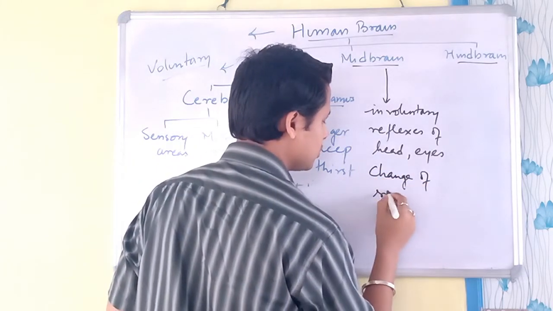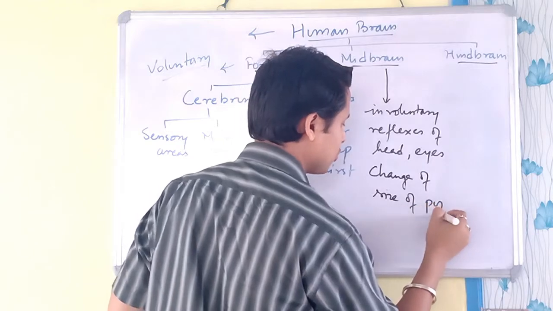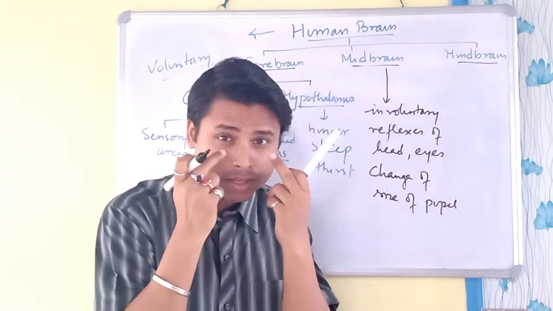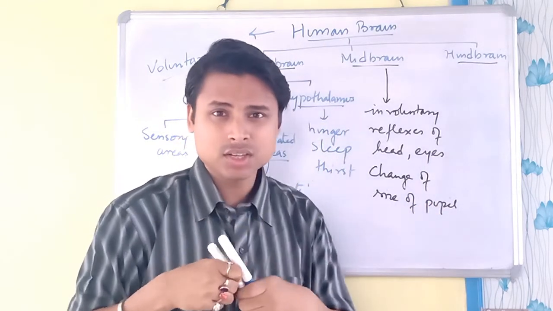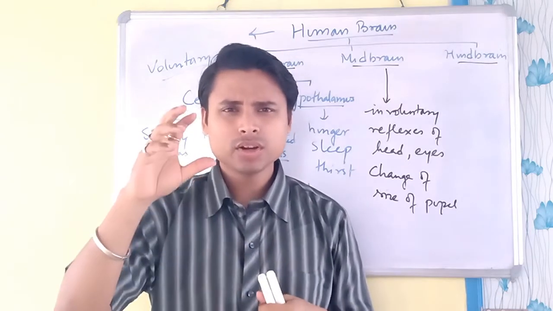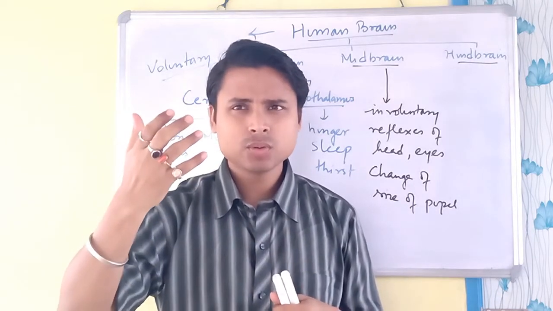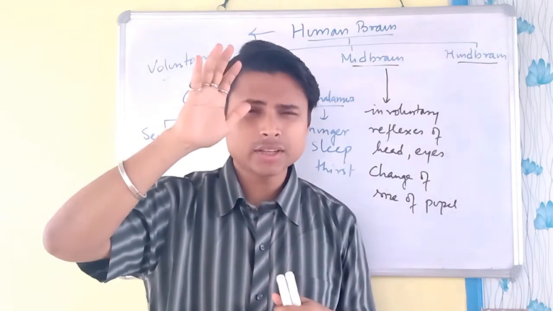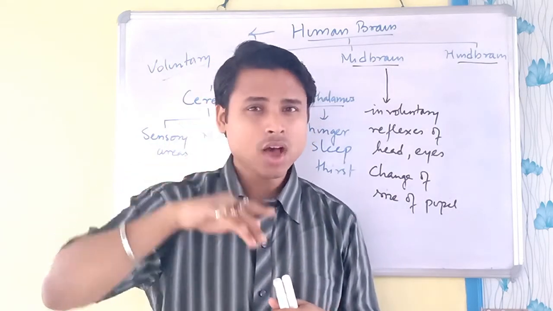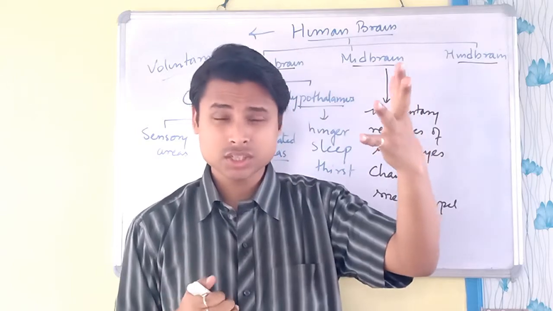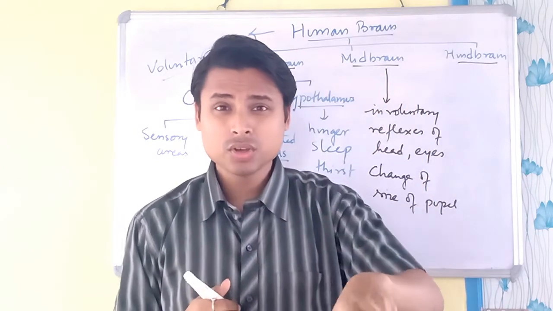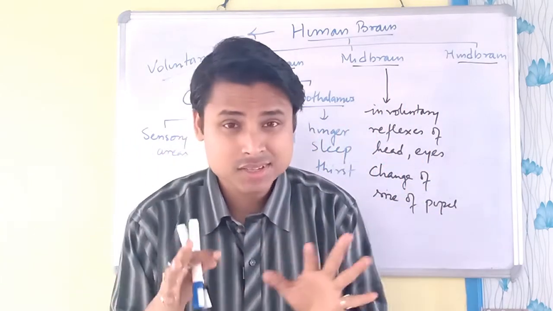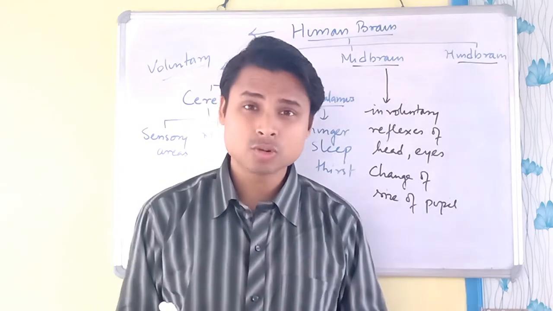the change of size of pupil is present in the eyes. You have observed that whenever you go into sunlight from a dark room, at that moment you can't see directly, or if you are coming from a bright light into a dark room, you can't concentrate or see clearly what is in that room, right?